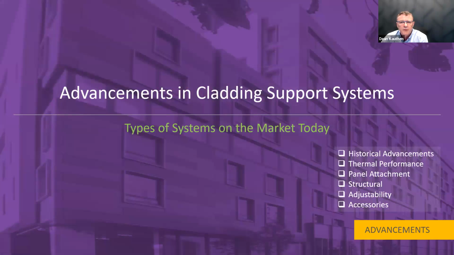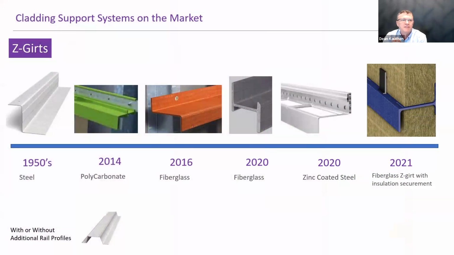So we'll start with the historical advancements of these types of systems. So going back to, say, the 1950s, for example, starting off with steel Z-girts, and then moving into the 2000s, we've got polycarbonate choices, fiberglass, zinc-coated steel, and really the most recent evolution would be a fiberglass Z-girt with this built-in insulation securement.